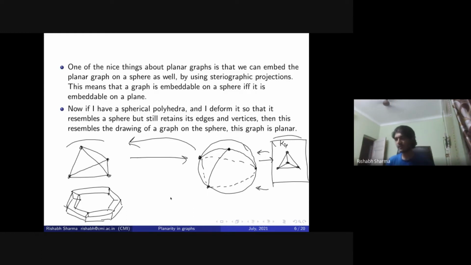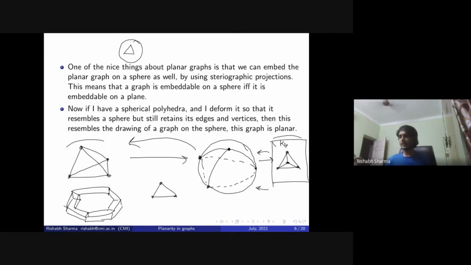For example, if I take the graph which is just a triangle, draw it on the sphere and then try to deform it into a polyhedra, that is not possible, because the drawing on the sphere would be just a sphere with a triangle on it. How will I deform it to make a polyhedra? So not all planar graphs have a polyhedra associated with them.